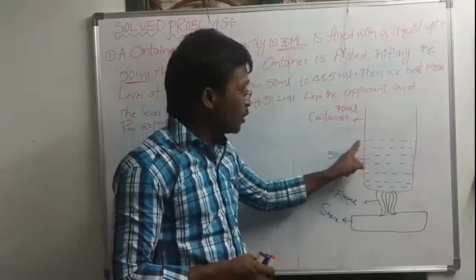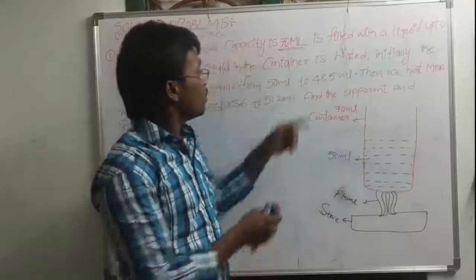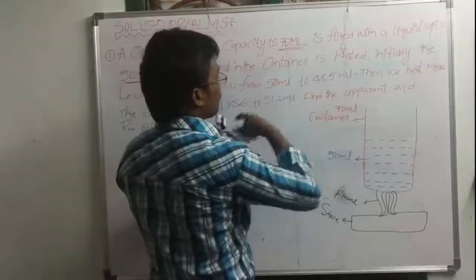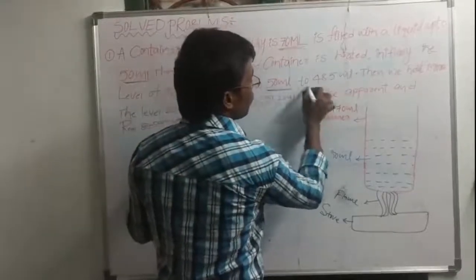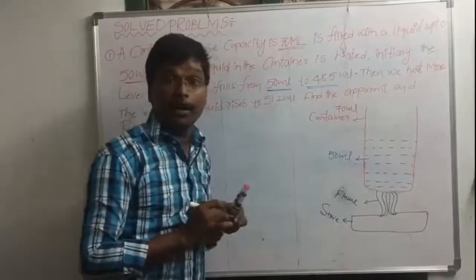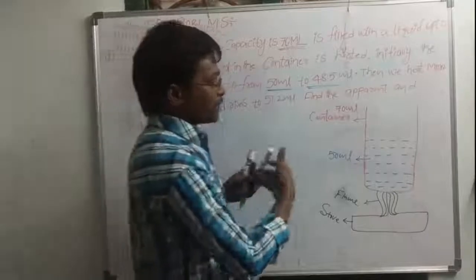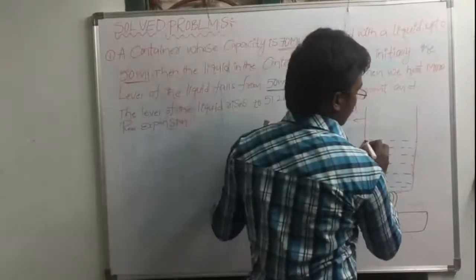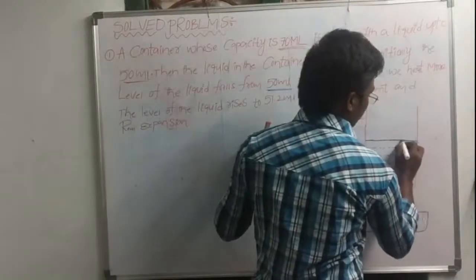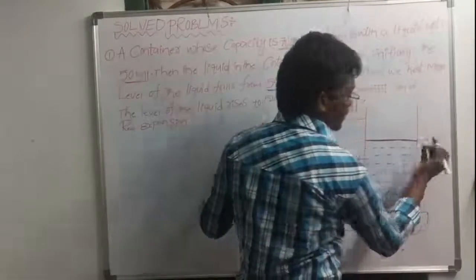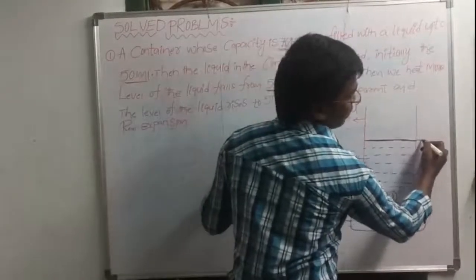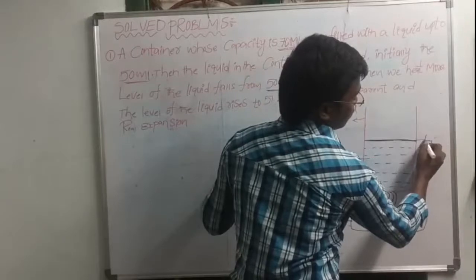Falls means, usually this is 50 ml. So how much is it dropping? 50 ml to 48.5 ml. Remember carefully. Suppose this is the actual state of the liquid. So let this one be L1.